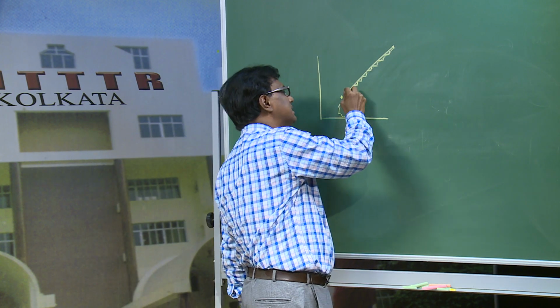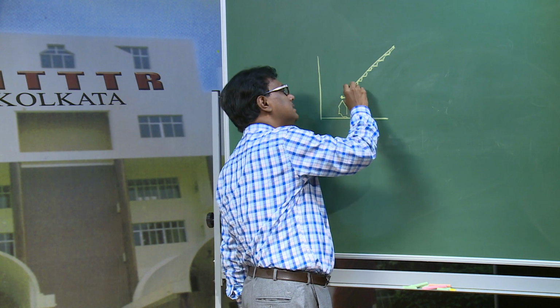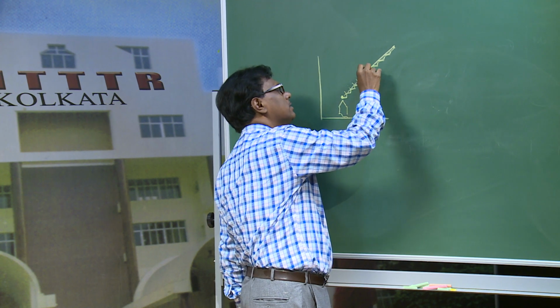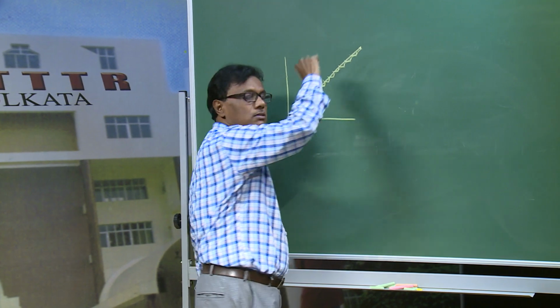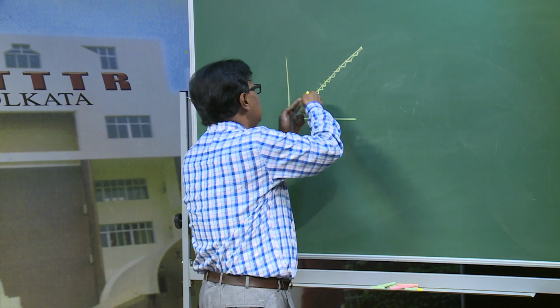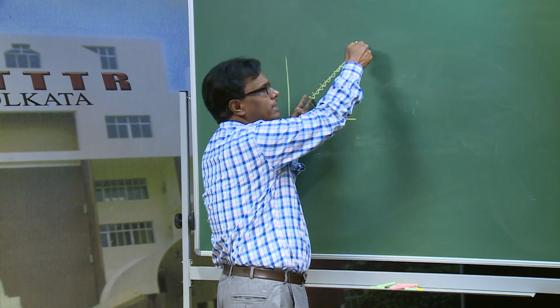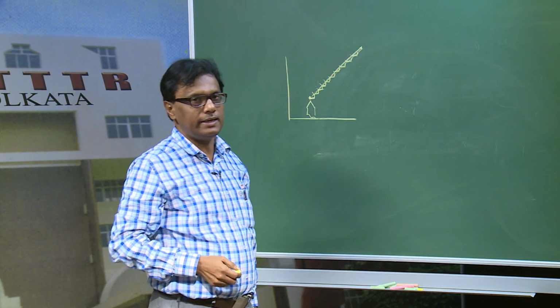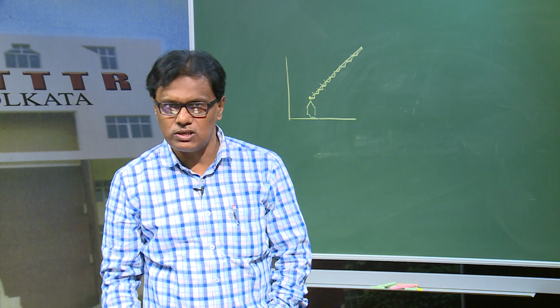That means I have to know the coordinates of this point, this point, and this point. I know the start point, I know the end point, then I know the gradient of the line.